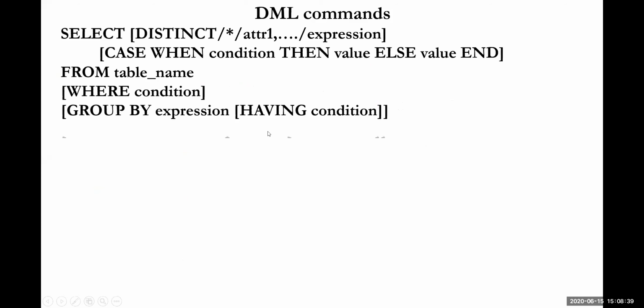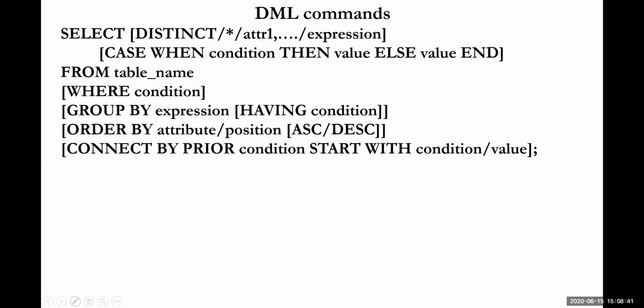So you could understand. Today, I'd like to concentrate on only this particular point. Select distinct or star or attribute or expression, and so on. From, of course, this must be there with us: select so and so from table name. It must be there.